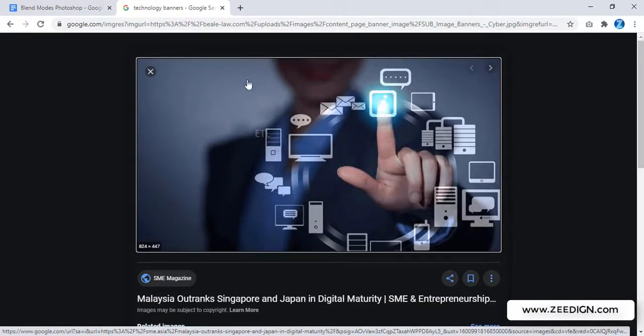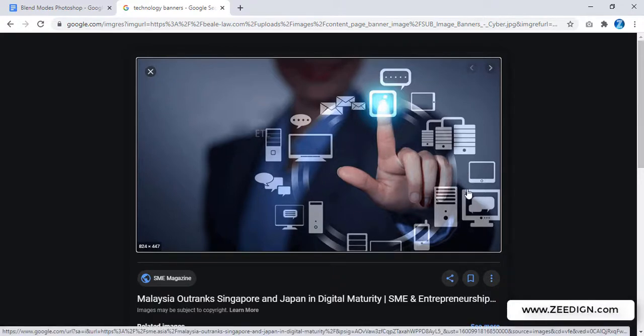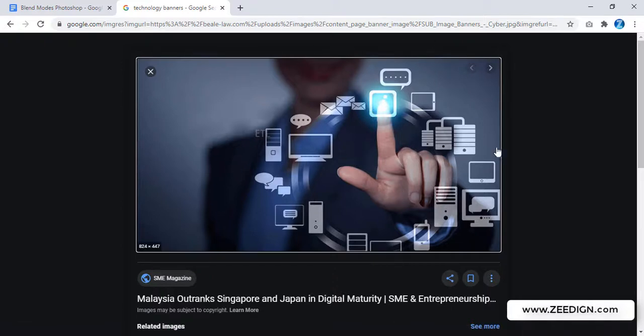You will have a photograph of this guy with a finger, and you will have a different photograph with these icons on it, and then you place both of those layers on top of each other, and then you will make changes in the blend modes, and you will get a result like this, where both of those layers will be merged together or blended together into one. And obviously based on the case you have, you will pick the blend mode accordingly.